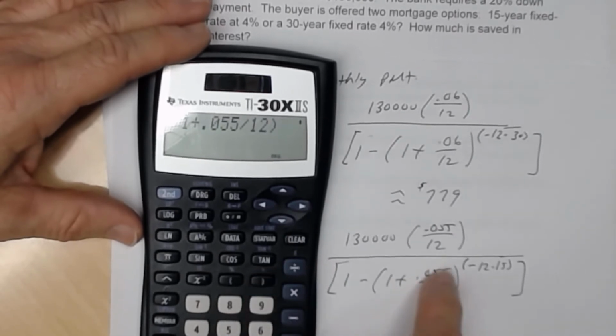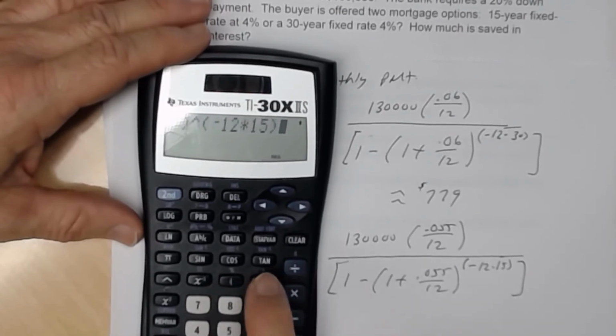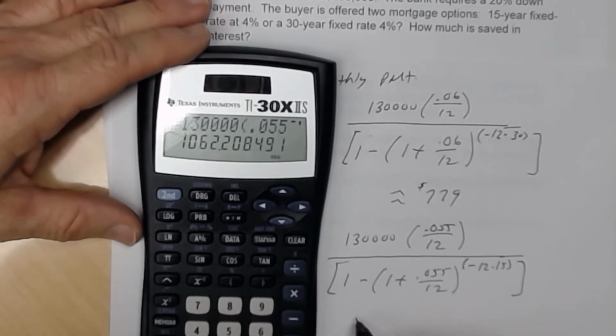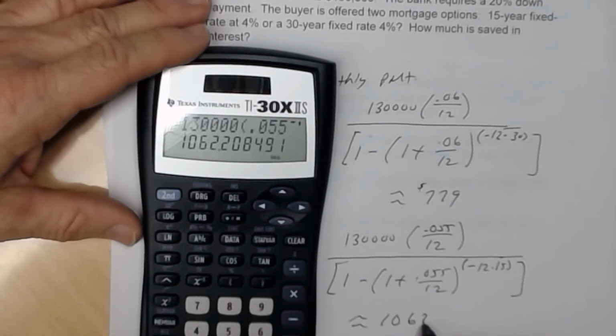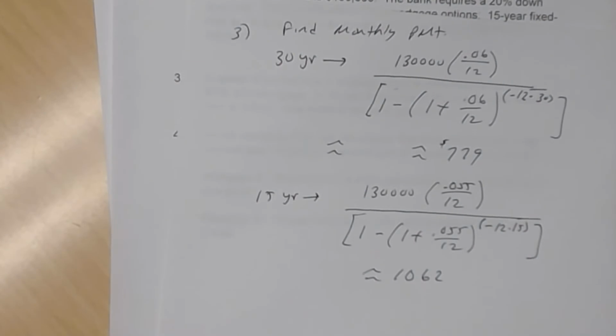Close the parentheses. Now the exponent. Raise it to parentheses negative 12 times 15. Close the parentheses and close the denominator. Press equal. And that is $1,062 to the nearest dollar. Okay? All right. Now, so that's the monthly payment of each one.